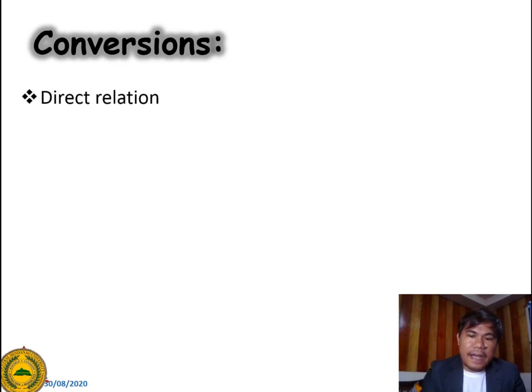First, I call this the direct relation. This is an example wherein you have familiarized a certain conversion factor, and you are converting a certain physical quantity that can be related directly by a certain unit.